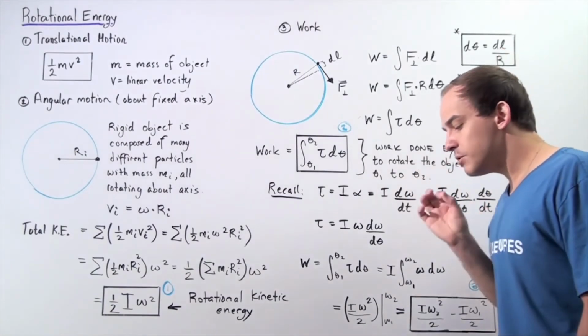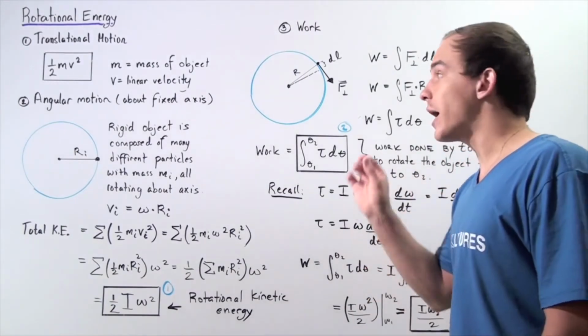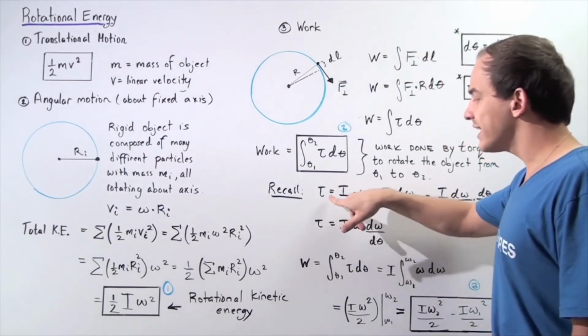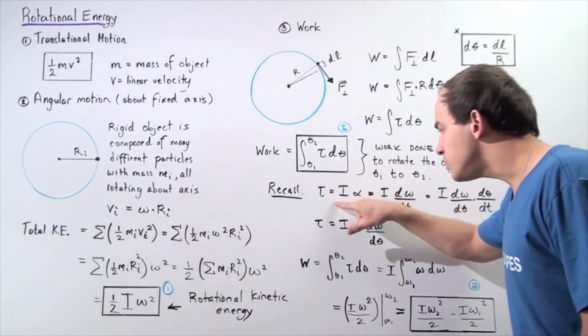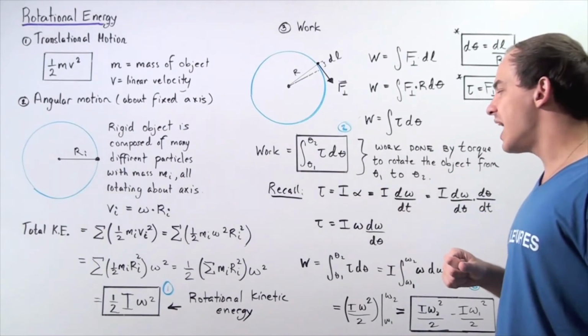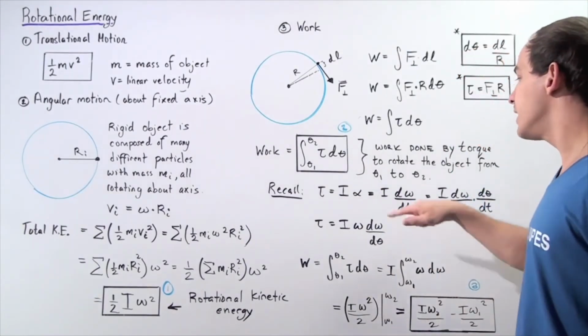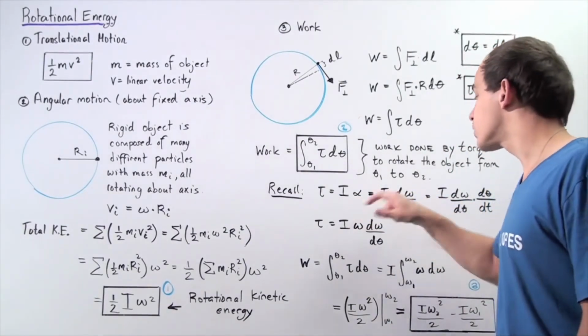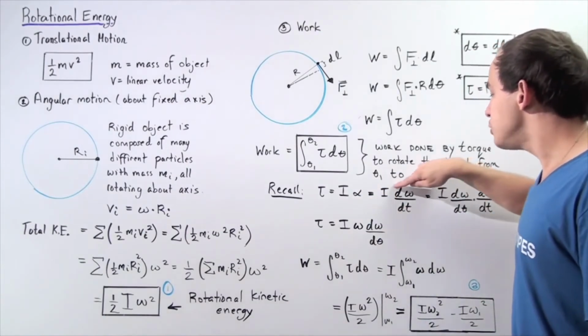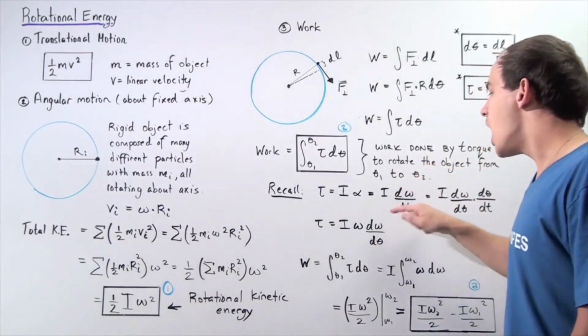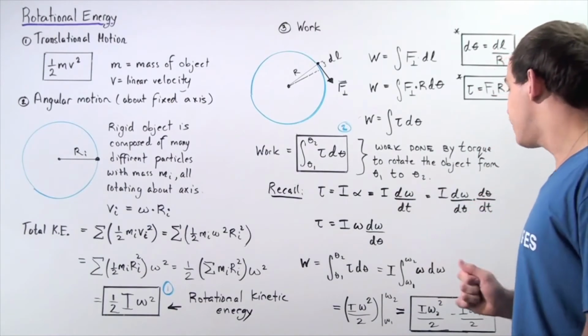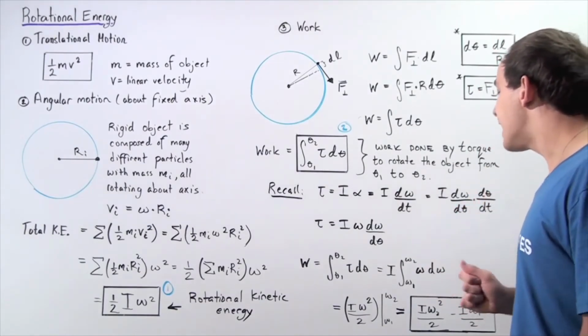Now recall from Newton's second law of motion for angular motion, the torque is equal to the rotational inertia of the object, I, multiplied by its angular acceleration. And angular acceleration is simply the derivative of our angular velocity function with respect to time.